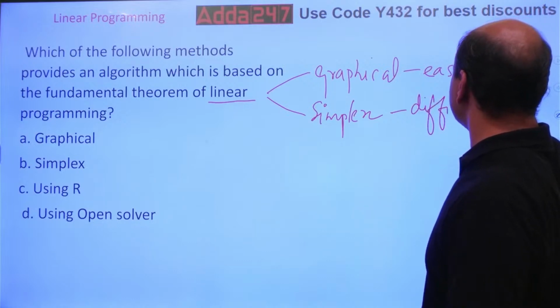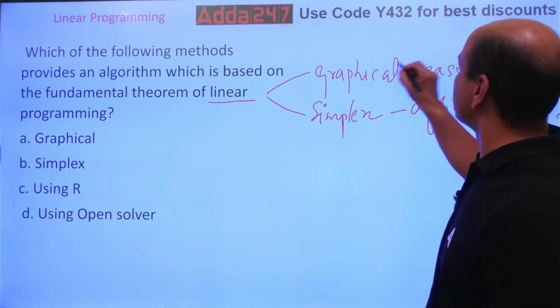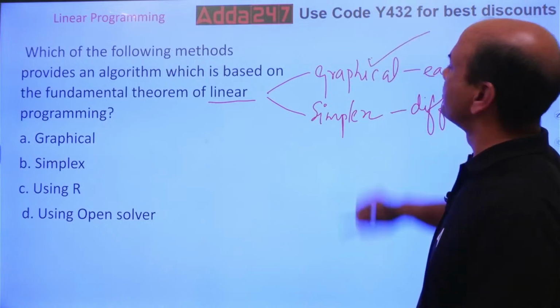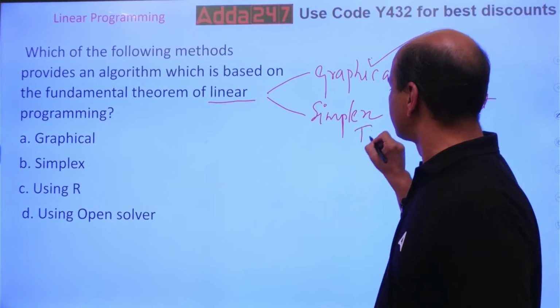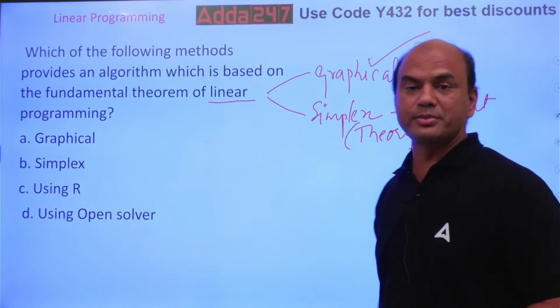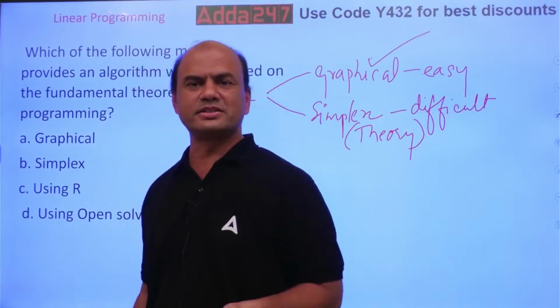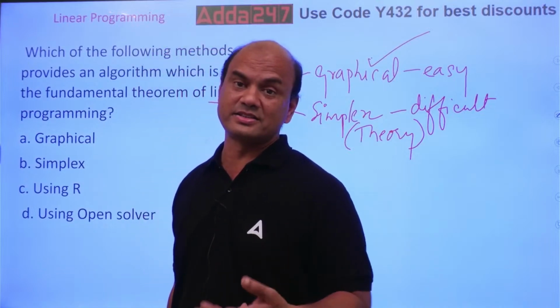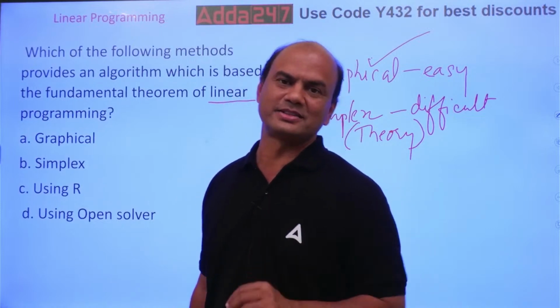In the exam, you get numericals on the graphical method. On the simplex method, you will be getting theory, because the numerical of the simplex method is a long-term issue. It will take around 5 to 6 pages. You have to do iterations.